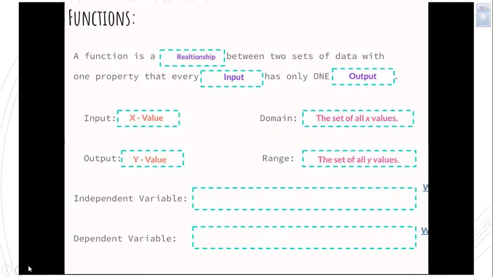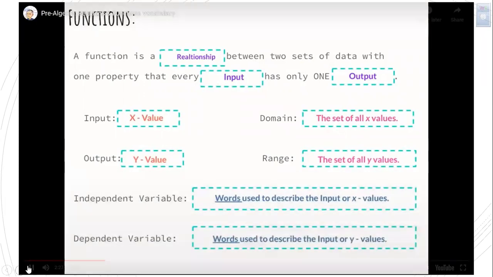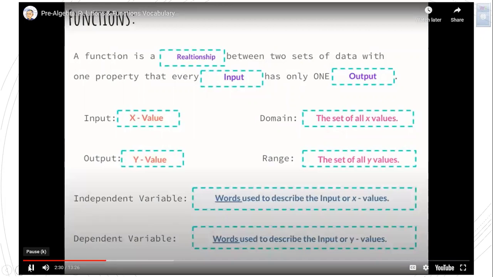When we're talking about the independent variable, those are words used to describe the input or X value. So when we're using words and not numbers, we're talking about the independent variable. Likewise, when we're talking about the dependent variable, again, we're going to be using words to describe the output or the Y value. So again, when we're using words, we're talking about the dependent variable.